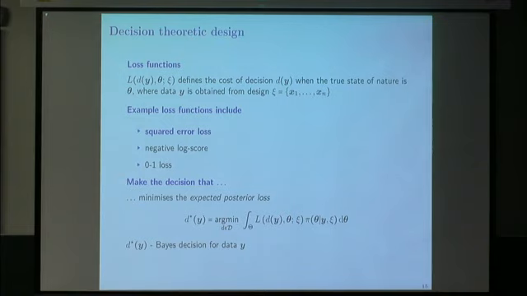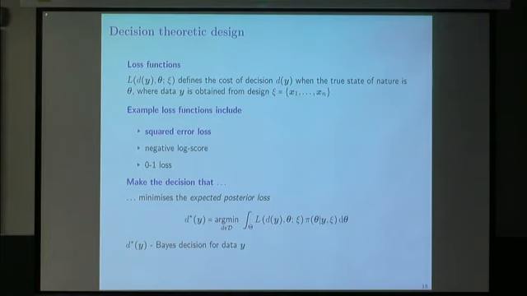The loss function is chosen according to the aim of the experiment, and for example, we can have the square error loss that we are going to use later on, or negative log score that leads to entropy problems, and 0-1 loss.